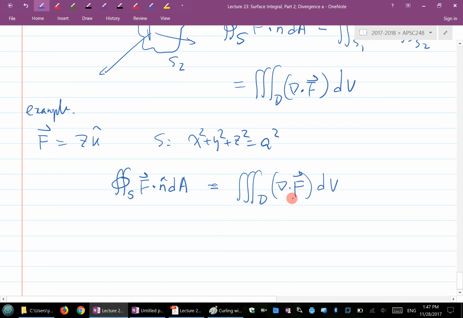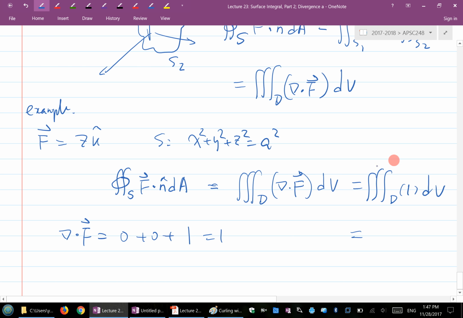So we need to calculate del dot F. Here's your F. Calculating del dot F is basically 0 plus 0 plus 1: partial M partial x, partial N partial y, and partial P partial z. So that's just 1 here. Now you look at this one.